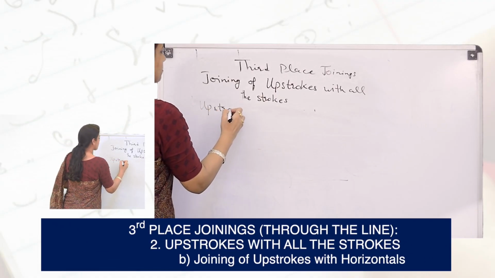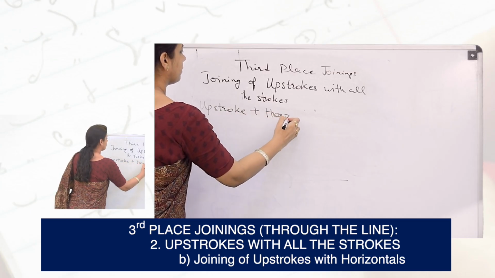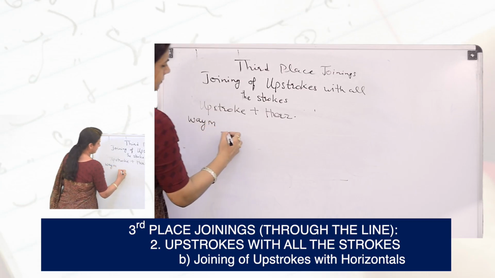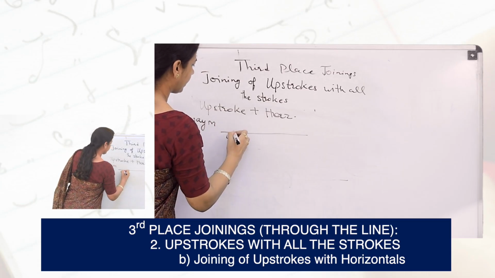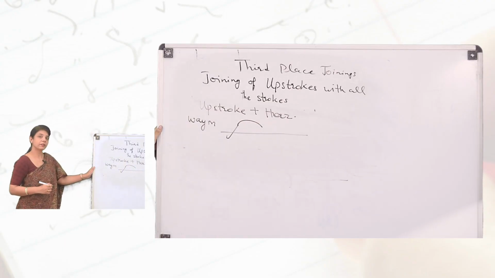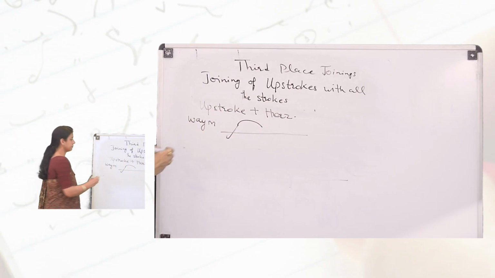Next is upstroke plus horizontal. Way through the line, and M begins from the point wherever way ends.